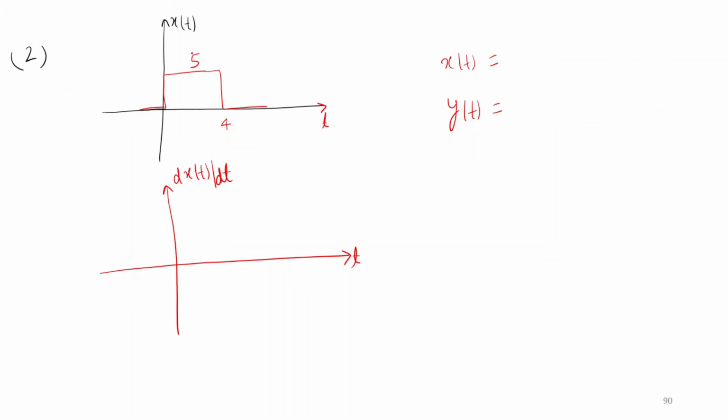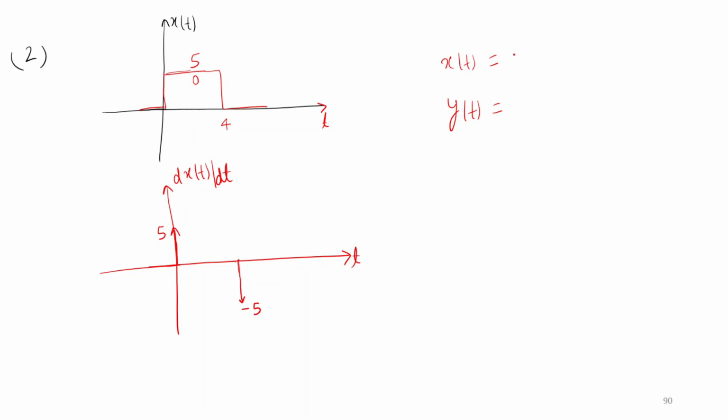Next example, this pulse is given to you. You have to find its dx(t)/dt. So this is a slope and this is a line. When you differentiate this line, you will get an impulse signal and the magnitude will be 5. When you differentiate this line, you will get an impulse signal, and here also you will get an impulse signal of magnitude minus 5.